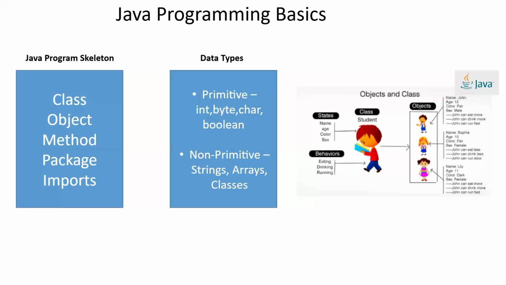Okay, so any Java program, if you take it, is going to have data declared. And in there we have two data types, primitive and non-primitive. As I said, integer, byte, character, boolean, all are going to be your primitive. Strings, arrays, and objects are going to be your non-primitive.